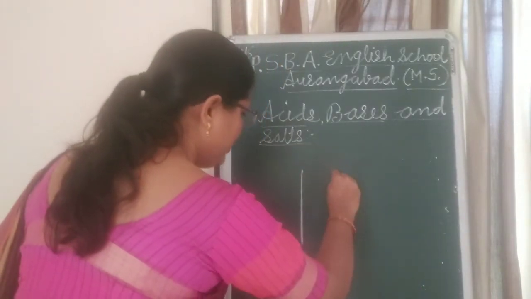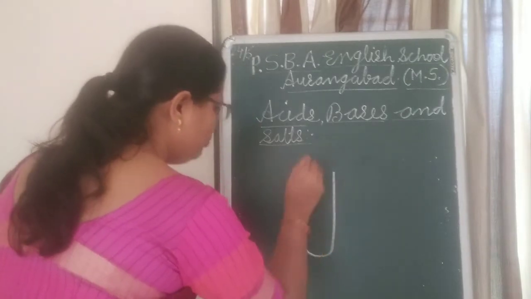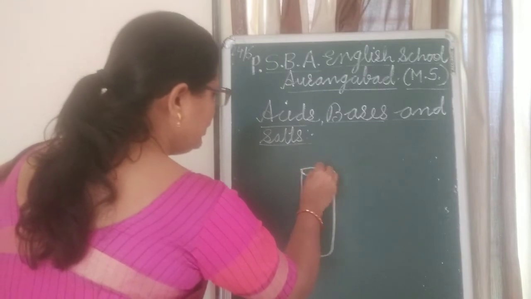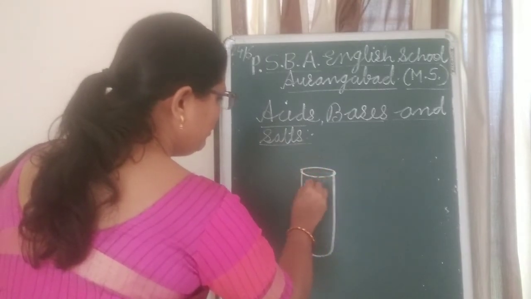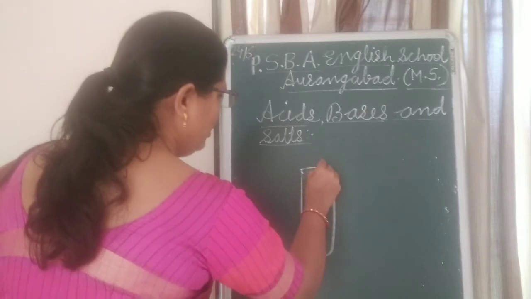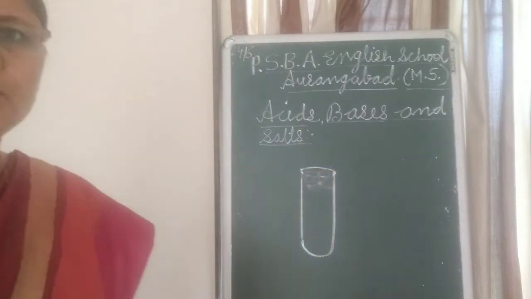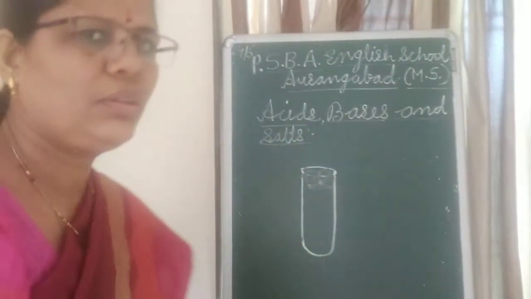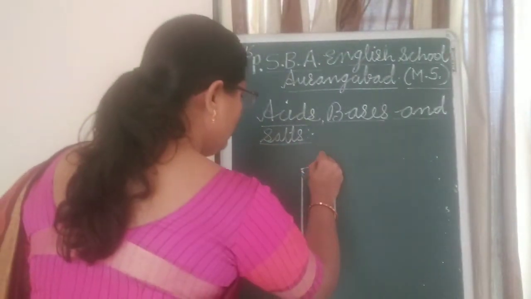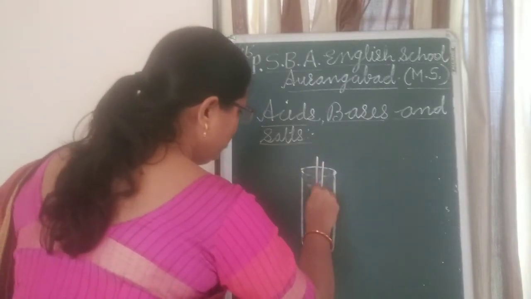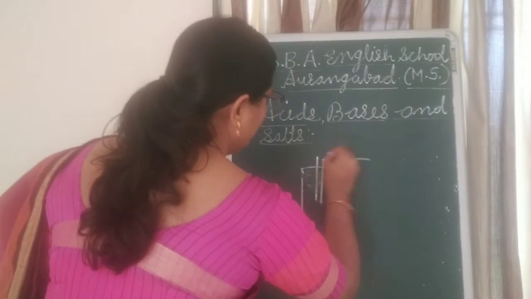So in this activity, children, we have to take one test tube and one rubber cork which has one hole. Through this rubber cork, we have to take one delivery tube.